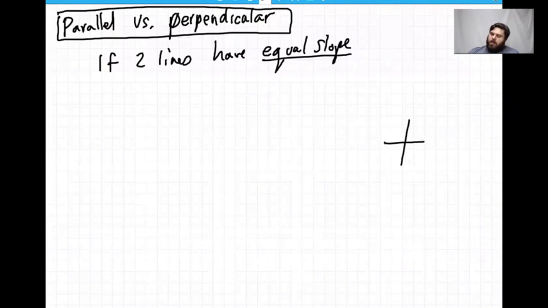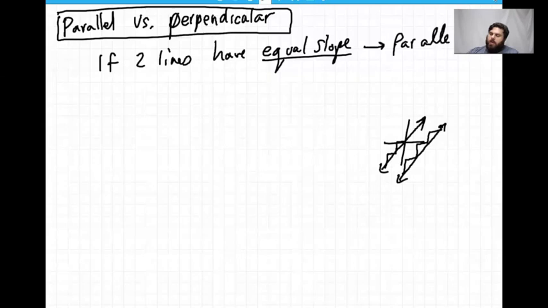Think about it. This one goes up 3/1, up 3/1, so it goes like this. If this line goes up 3/1, it's going to look like this, up 3/1, up 3/1. Same thing, okay? Those lines are going to be parallel. So if two lines have equal slope, we're going to say those lines are parallel. Okay, they're parallel to each other.